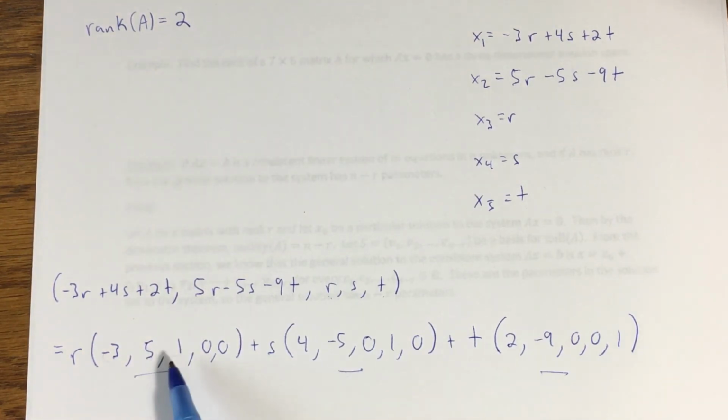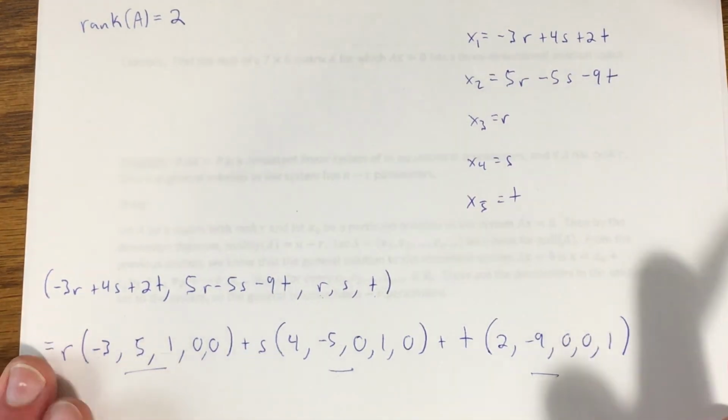So we're looking at the span of these three vectors, and if these three vectors are also linearly independent, then those three vectors are immediately a basis for my null space. It's a basis for the solution set for this homogeneous linear system, which is what the null space is. So that means I have three vectors in a basis. That would mean the nullity is 3 in this case.